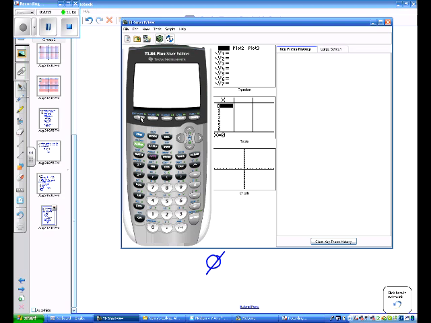Okay, there's my cursor. So we have our y equals, and let's take the equation. We've got 3 times 2x minus 5.